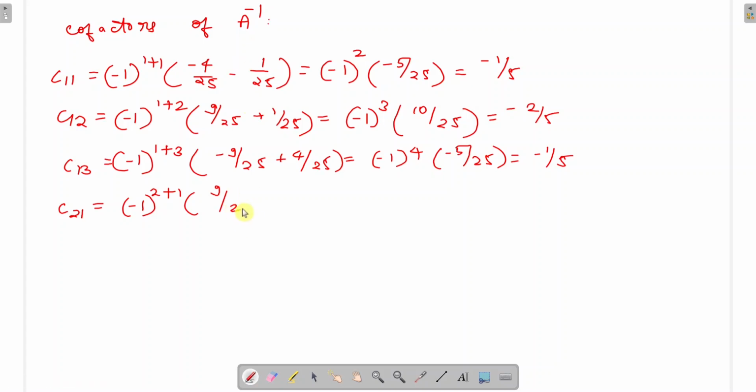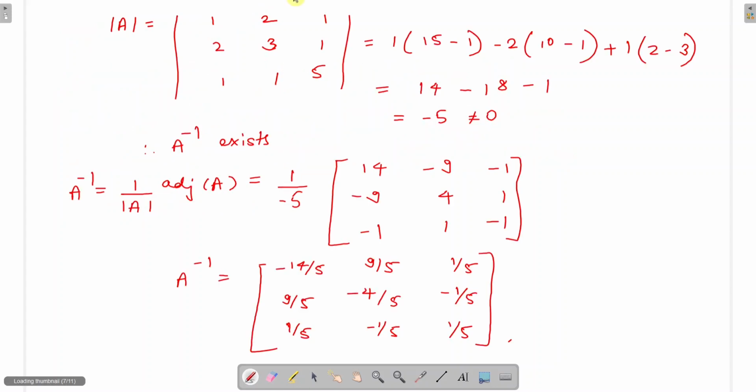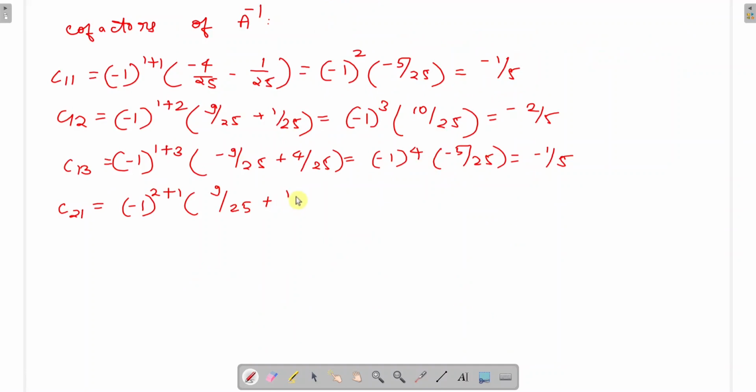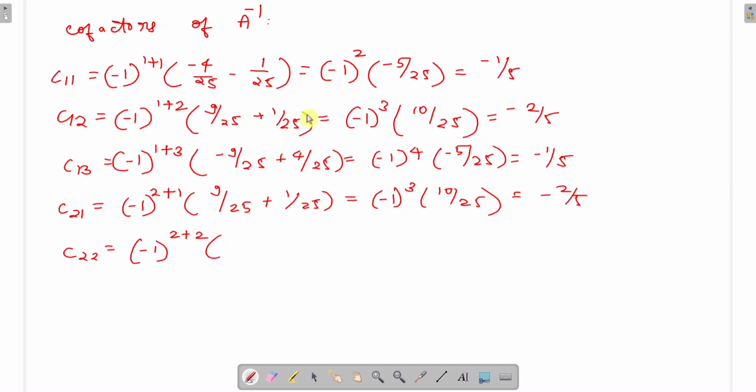9 by 25 minus, plus 1 by 25. So that is nothing but minus 1 raised to 3 times 10 by 25, which is nothing but minus 2 by 5. Then C22, minus 1 raised to 2 plus 2.